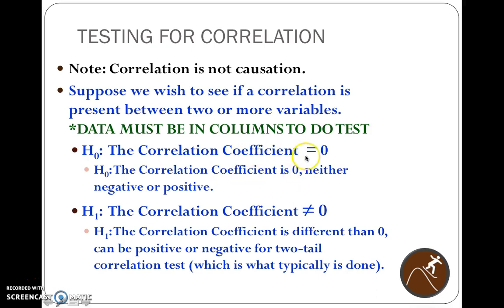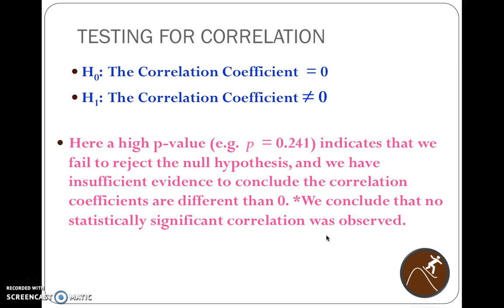So if the correlation coefficient is equal to 0, that means nothing is going on. If the 95% confidence interval around the correlation coefficient does not include 0, then the correlation coefficient is different than 0, and that suggests there's a statistically significant effect.